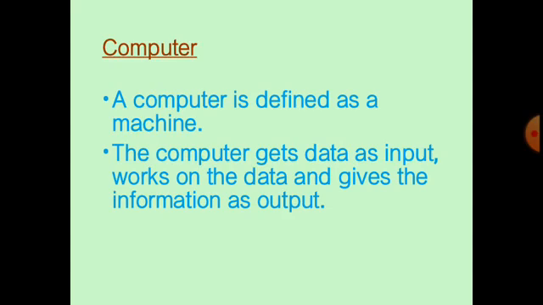Yes, your name, your class, your section, your house address, your mobile number are examples of data. When you give this data as input to a computer, the computer processes, that means works on it, and gives the output. Here the output is your ID card.